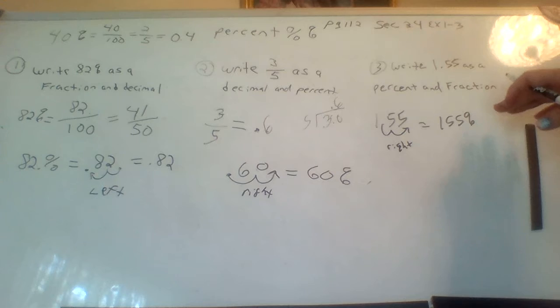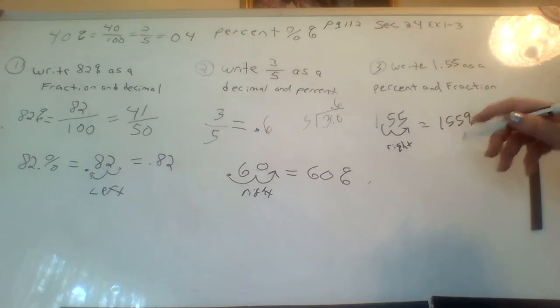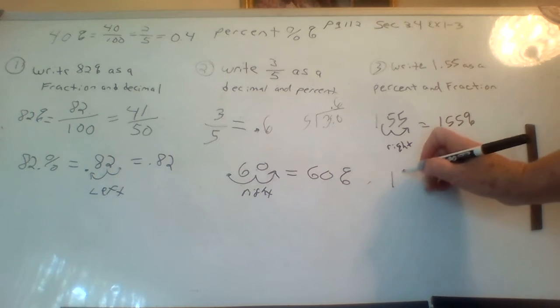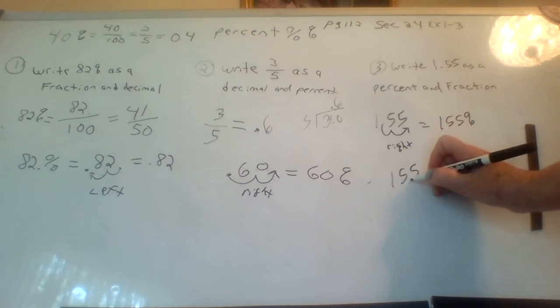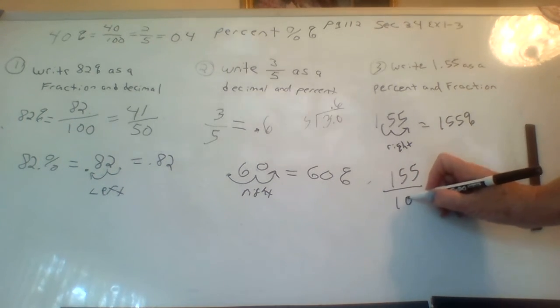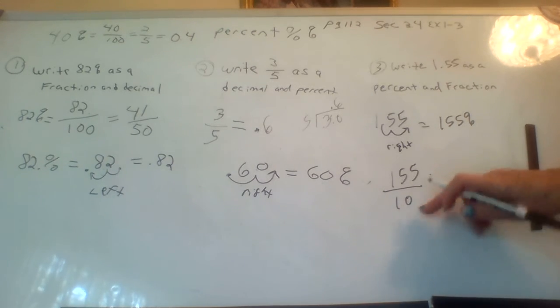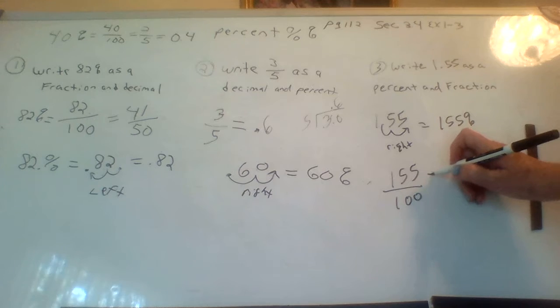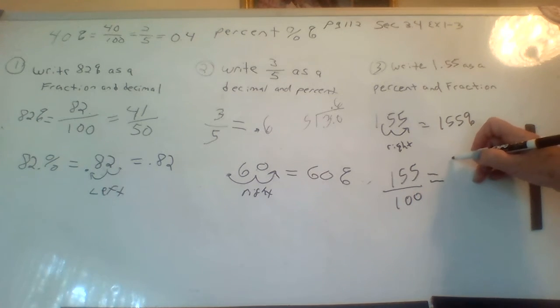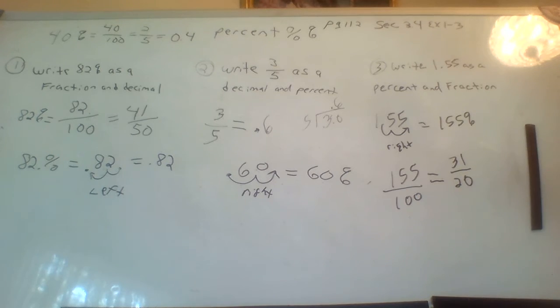To write this as a fraction, if you already know this, all you have to do is take 155, divide it by 100, and reduce. And you get 31/20. So now you have it as a fraction.